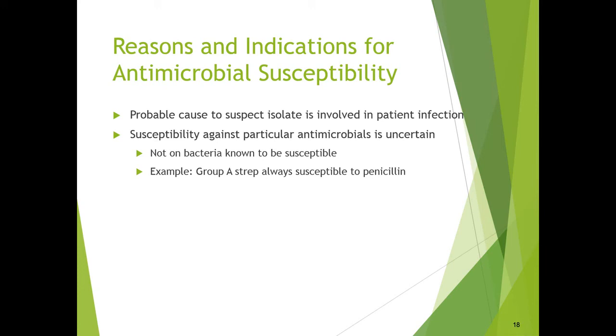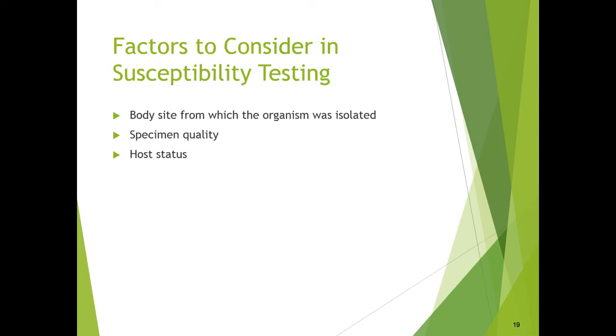So your group A strep that causes strep throat is universally susceptible to penicillin. So we usually don't perform sensitivity testing on group A strep unless the patient is allergic to the drug. Then we would have to perform it. We'd have to find something else that we could use to battle that group A strep.